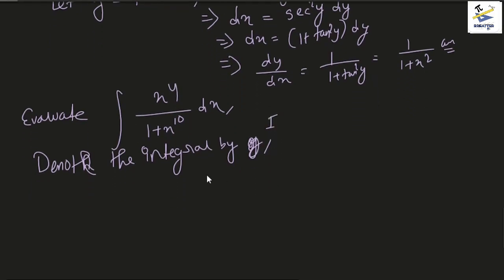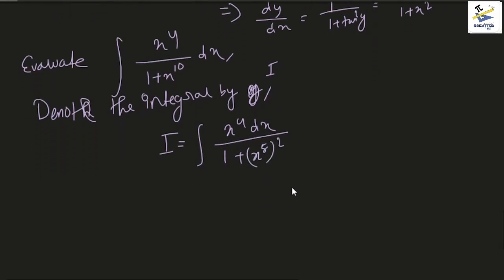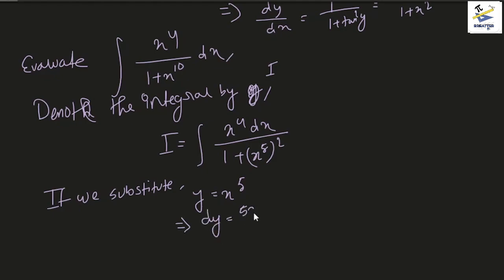then what we get is this: capital I is equal to the integral of x to the power 4 dx divided by, and we can write x to the power 10 as x to the power 5 whole squared, because in that case, if we substitute y equals x to the power 5, what we get is dy is equal to 5 into x to the power 4 dx, right?